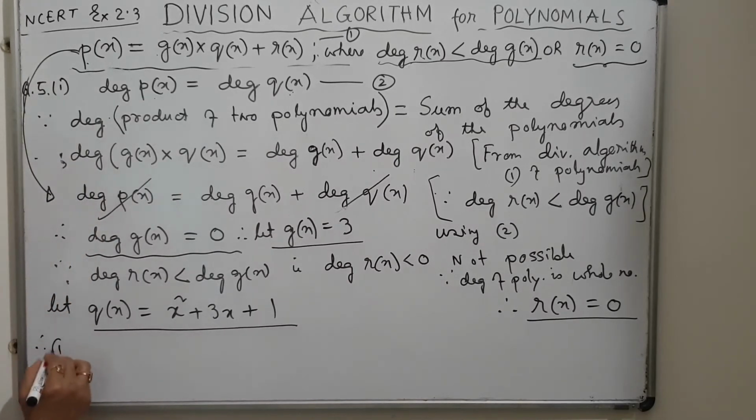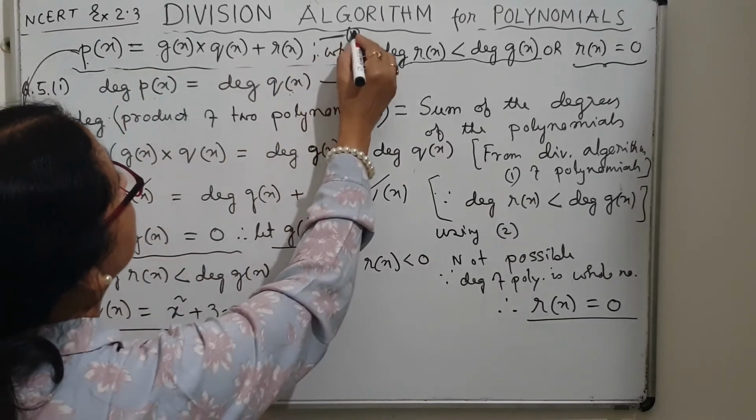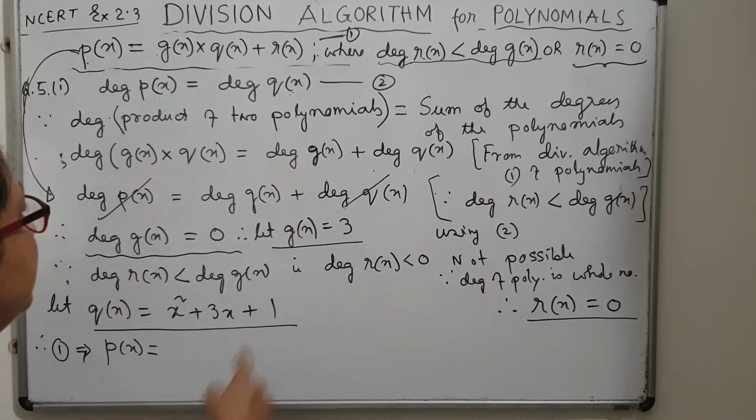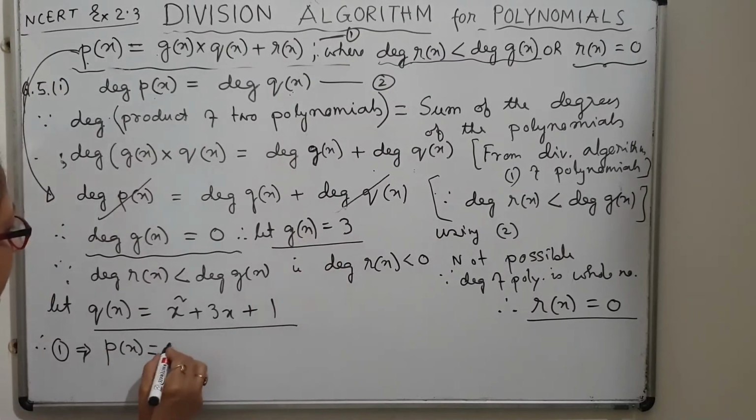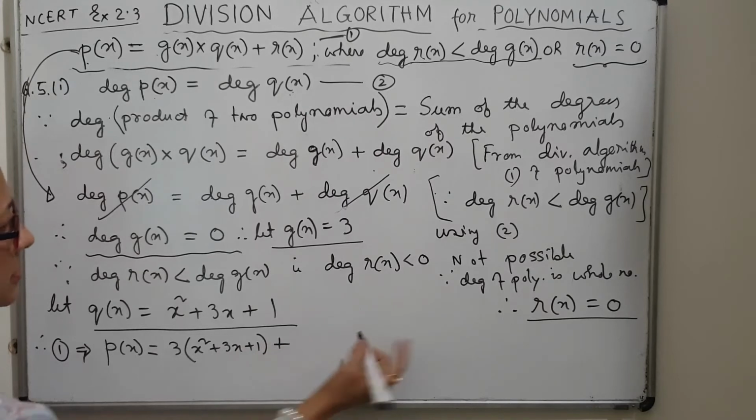Therefore, from 1, that was our division algorithm, I can find p(x). p(x) is equal to g(x) into q(x) plus r(x). What is g(x)? I have taken 3. q(x) is this one. Plus r(x) is 0.